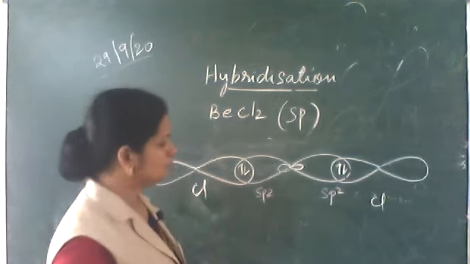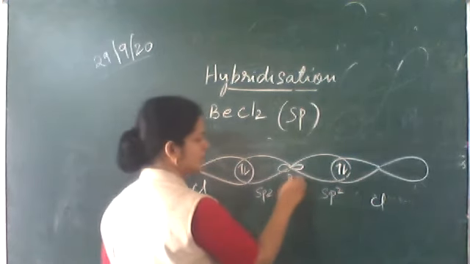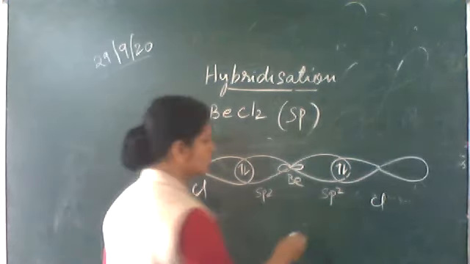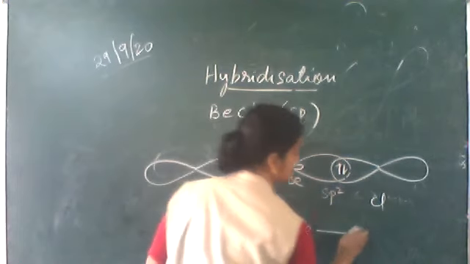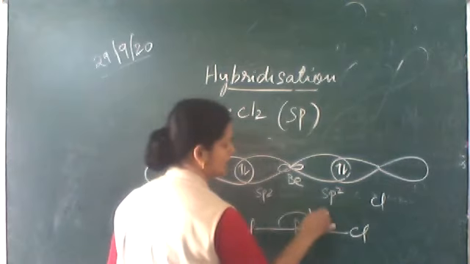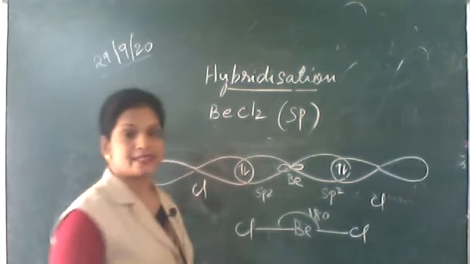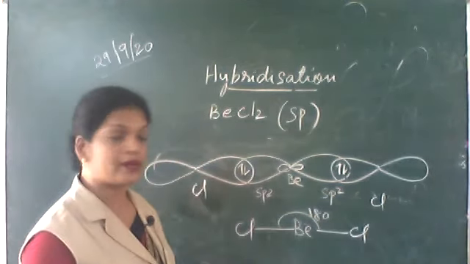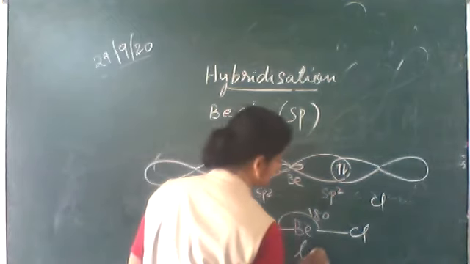The central atom is Be. Around Be, this is a Cl covalent bond and this is a Cl bond. The bond angle is 180, and this is linear. If the bond angle is 180, this is linear.